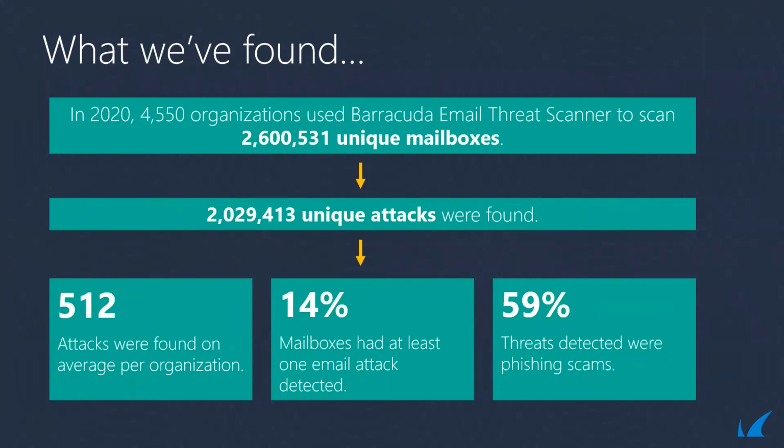At 8% last year, business email compromise was less prevalent amongst the others, but cyber criminals tend to send these types of attacks in smaller volumes because they are highly personalized.